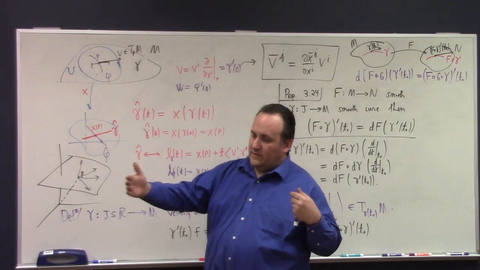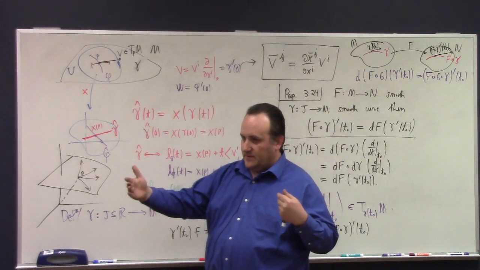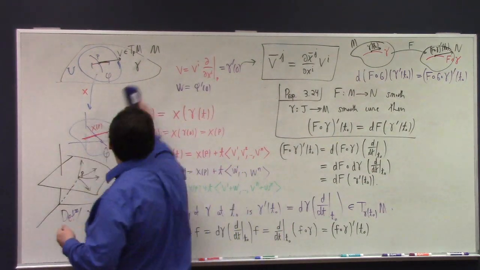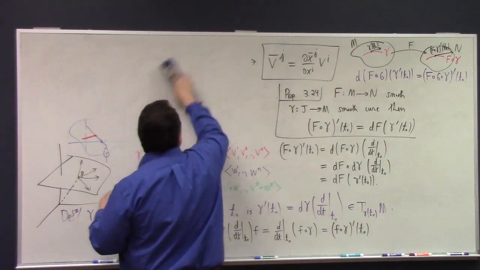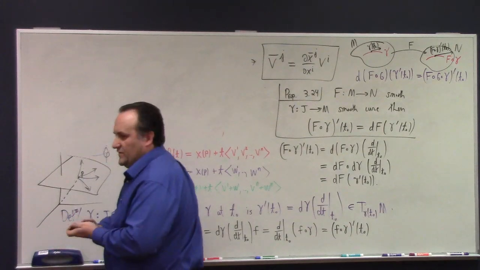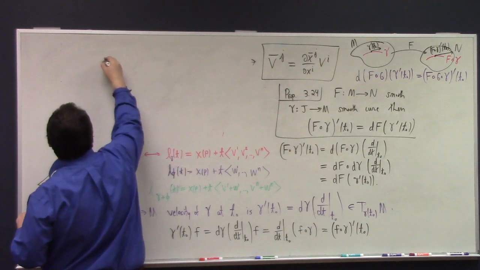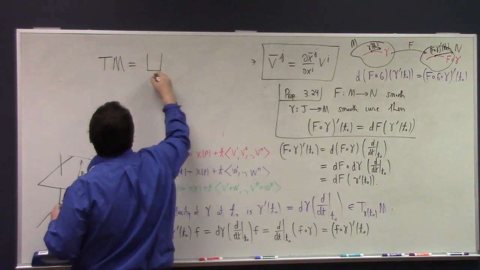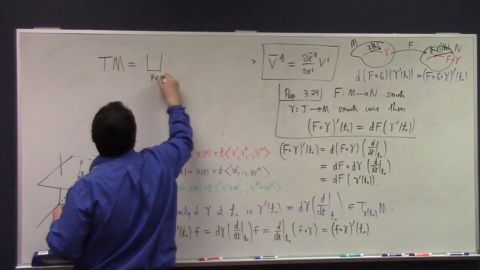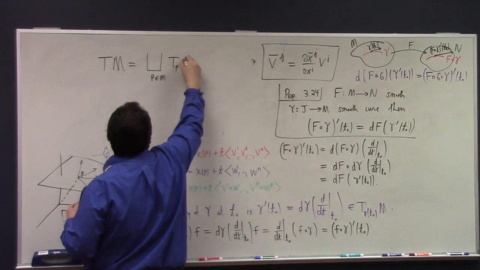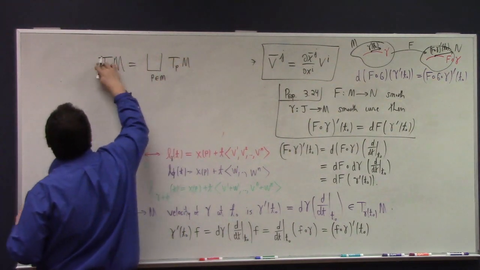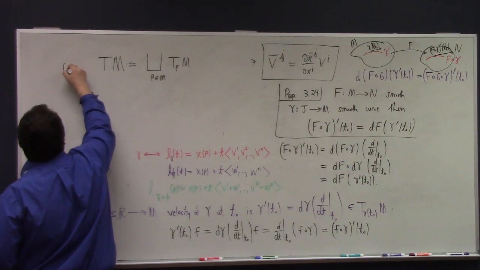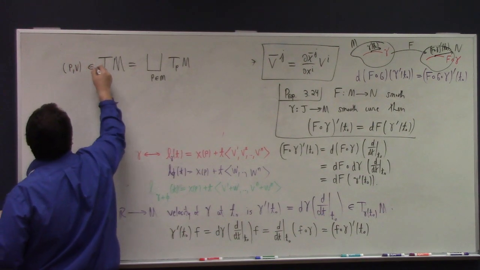So we take the disjoint union of all the tangent spaces, and this is called TM. There's really not much to say about the tangent bundle for you at the moment, but it's TM, and this is the notation for disjoint union, over P in M, of TPM. So a typical point in the tangent bundle is something like P comma V.